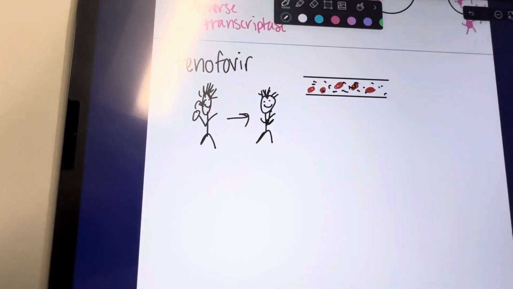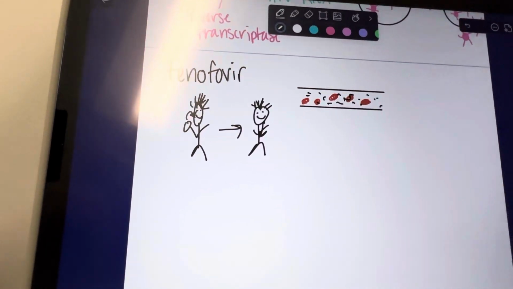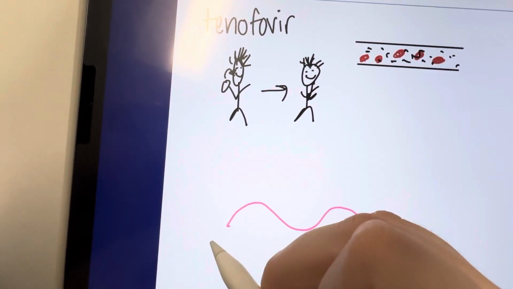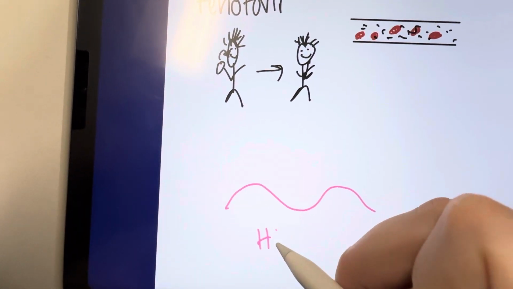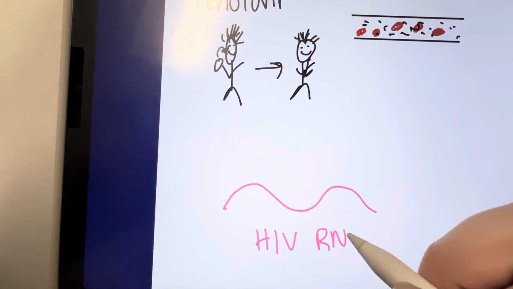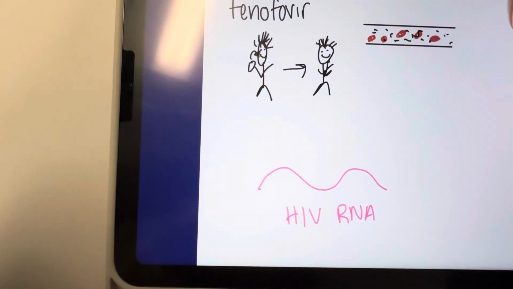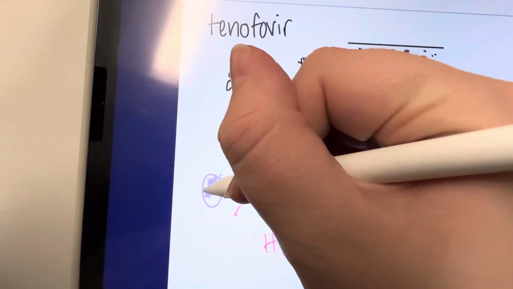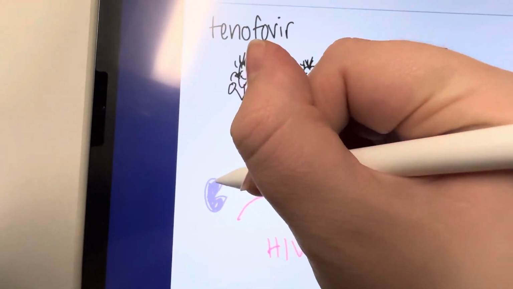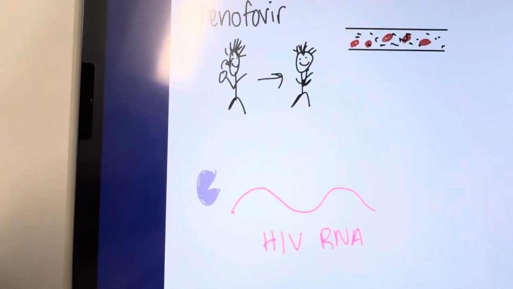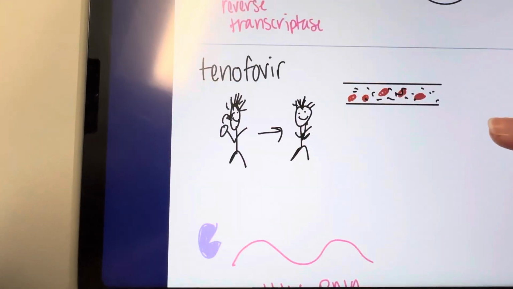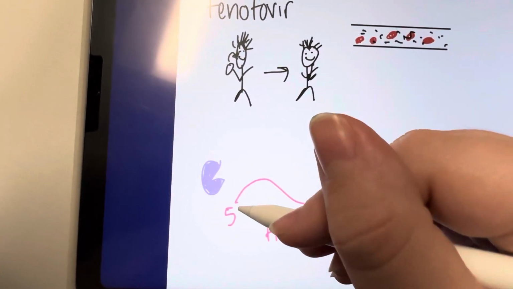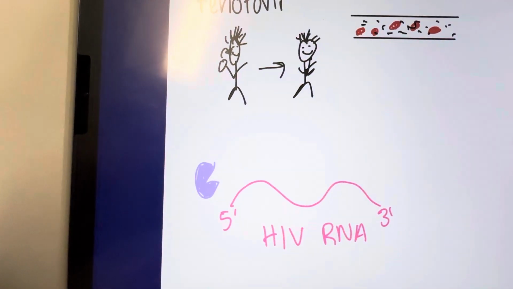So, we have the HIV RNA, and we have our reverse transcriptase, Pac-Man figure. And this is 5' to 3'.